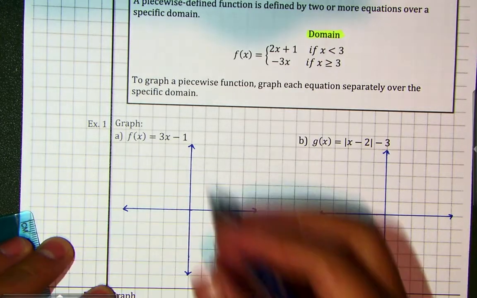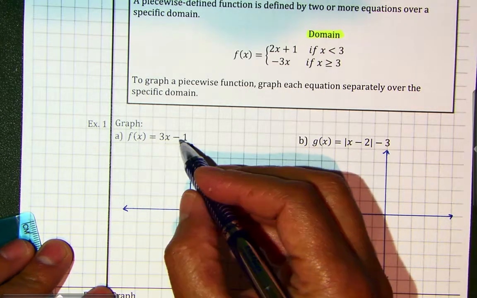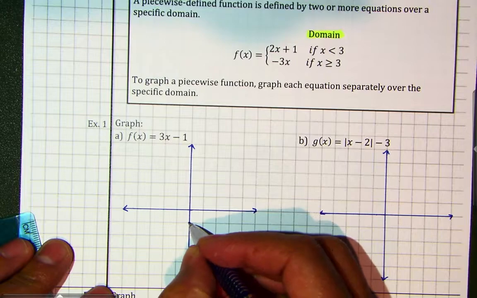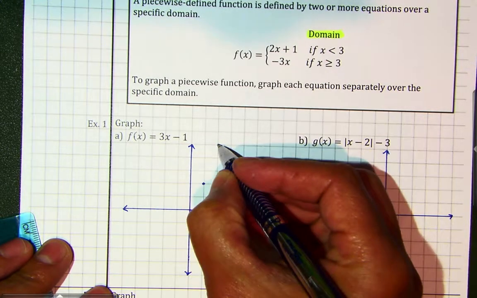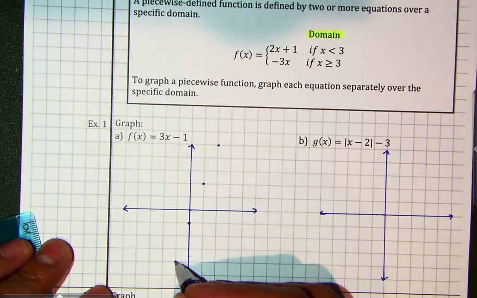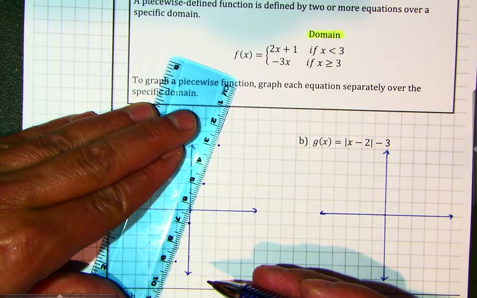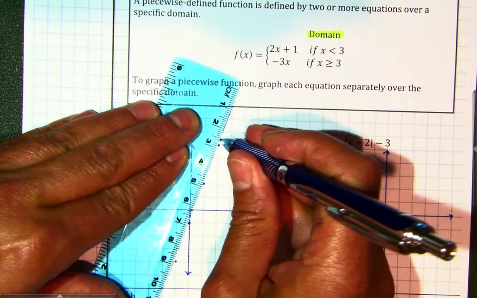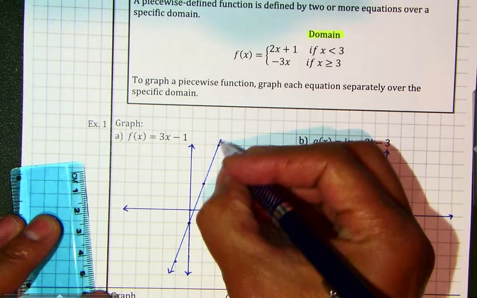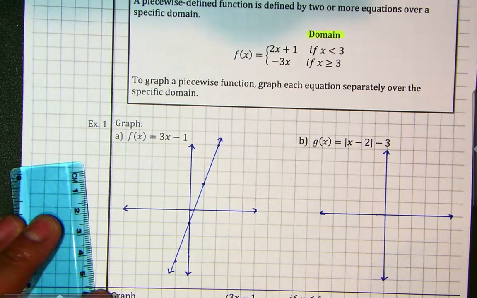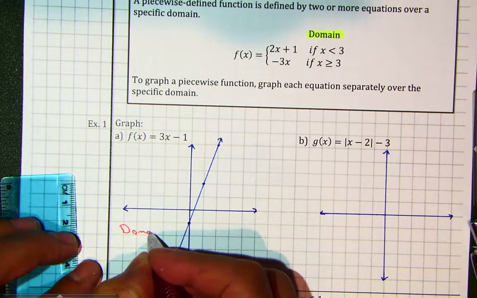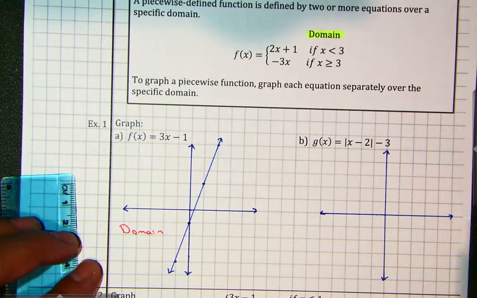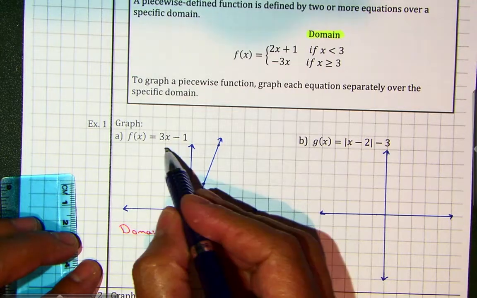Excellent. So in this case, to graph the first function, this is a linear function, so this is a y-intercept, -1. My slope is up 3 to the right 1, or the opposite. Or domain for this function is, we can plug in any values of x.